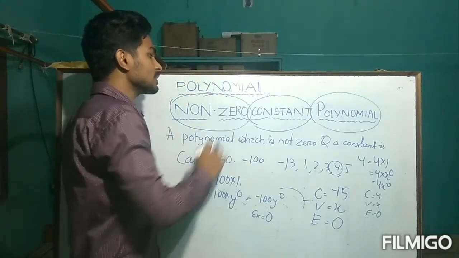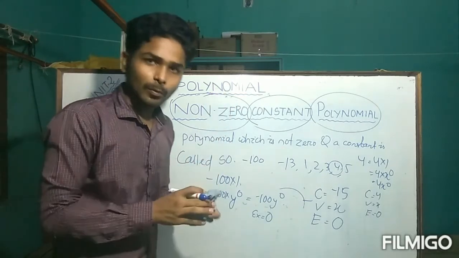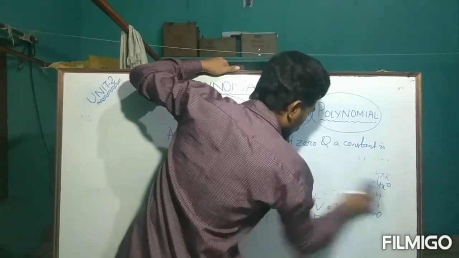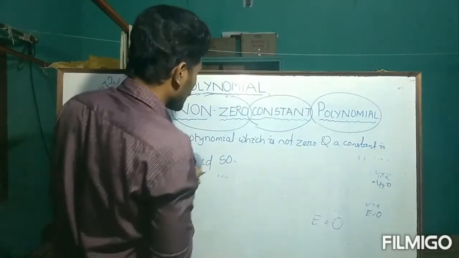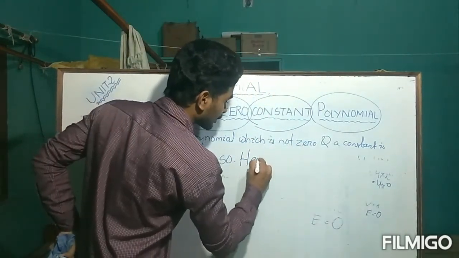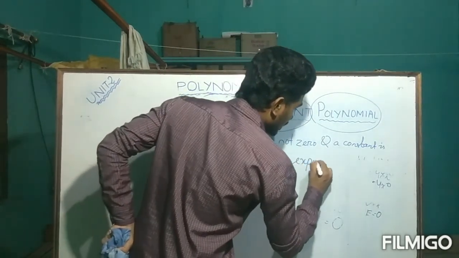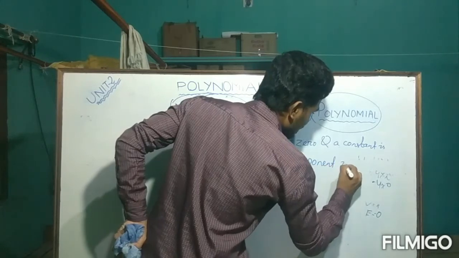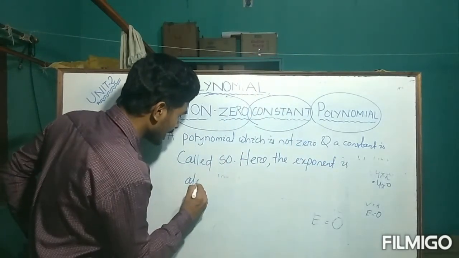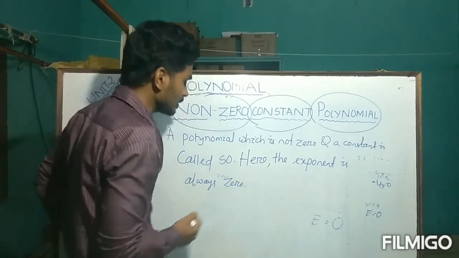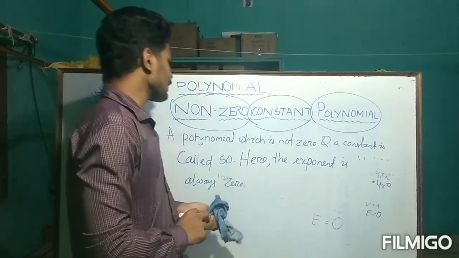So in all the non-zero constant polynomial cases, the exponent will always be 0. So write down here: the exponent is always 0. Understood?